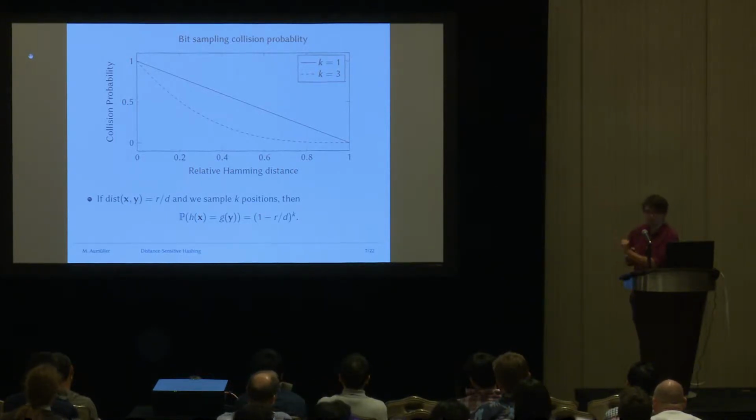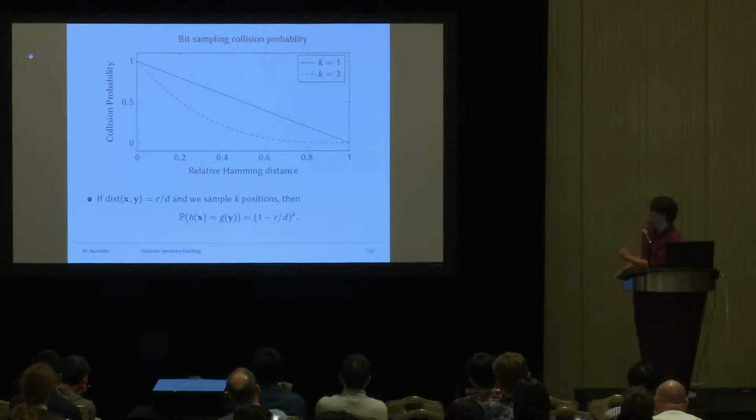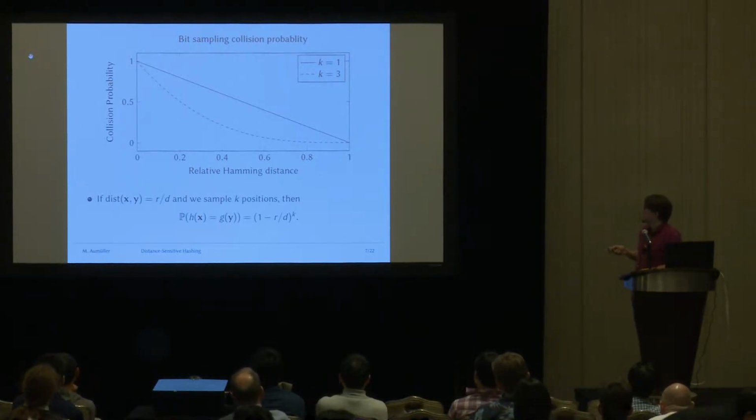So it's 1 minus r over d to the k. In particular, it's 1 minus distance to the k. And I just present this collision probability function here with respect to the relative Hamming distance, for two choices of k, 1 sample dimension and 3 sample dimensions.